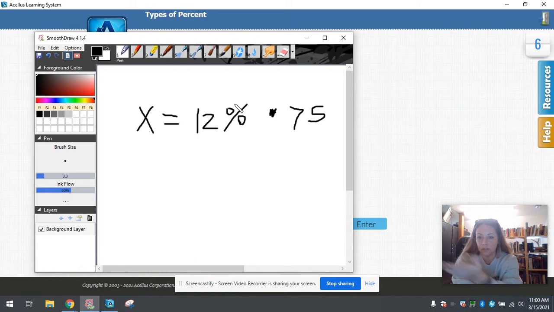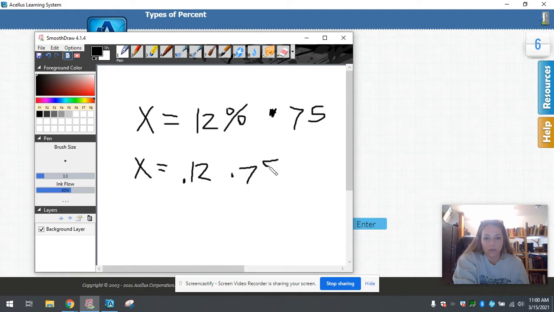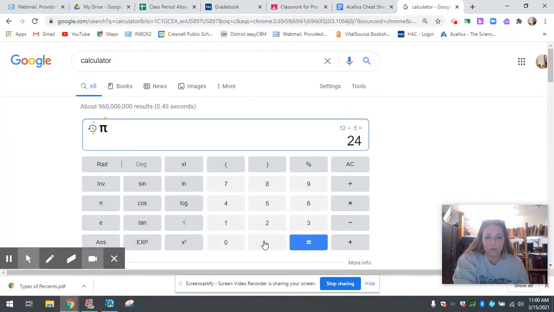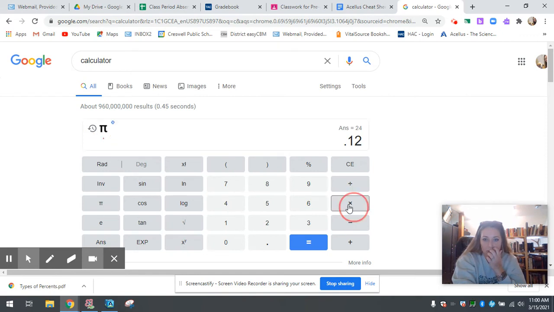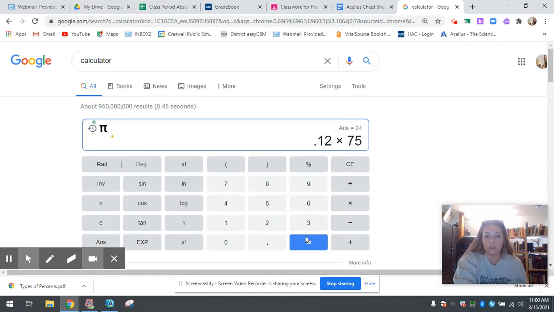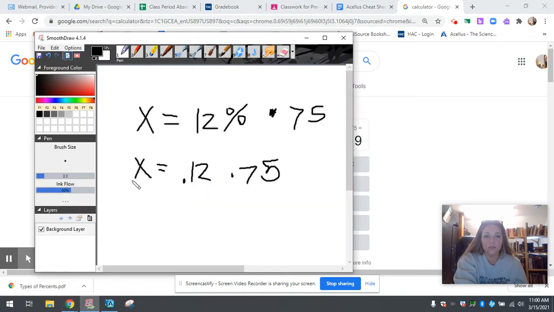Now we just have to solve this: 12% times 75. I'm going to write 12% as a decimal, 0.12. Percents are out of 100. This 12's in the hundredths place now. So in my calculator, I go 0.12 times 75 equals 9. So 9 is 12% of 75.